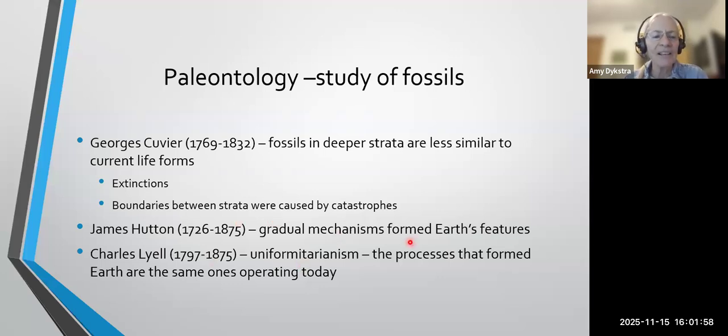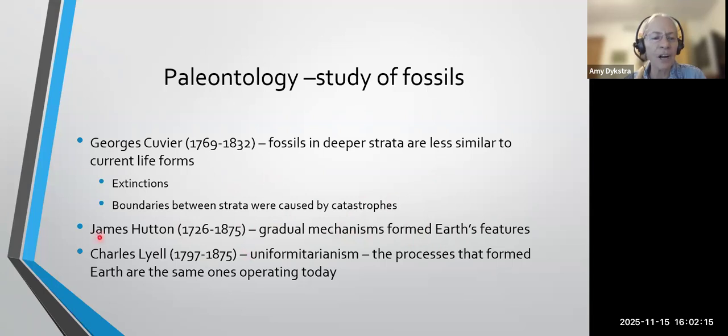Anyway, Hutton came up with the idea that gradual mechanisms formed the features that we have on Earth rather than these catastrophes forming the features that we have.